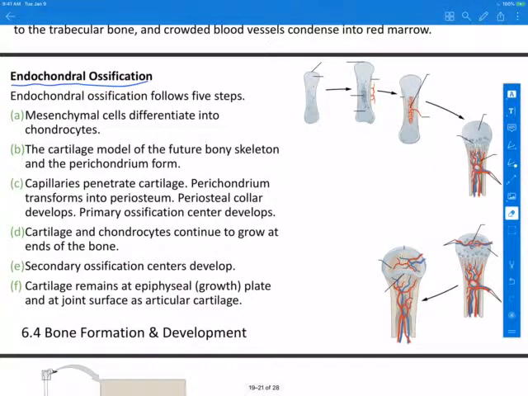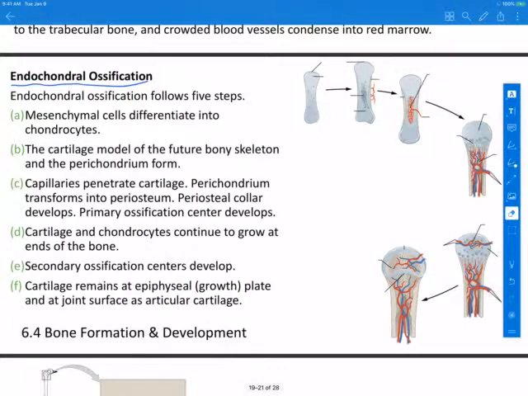So cartilage has to rely on getting nutrients through diffusion. Nutrients diffuse through the matrix of cartilage from the vessels and the surrounding perichondrium. And the perichondrium is analogous to the periosteum. It's a connective tissue membrane that covers or basically encapsulates the cartilage.